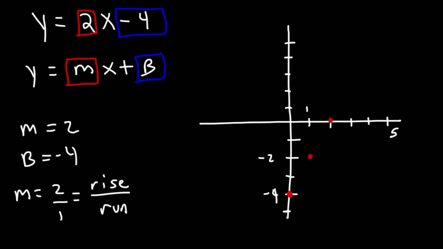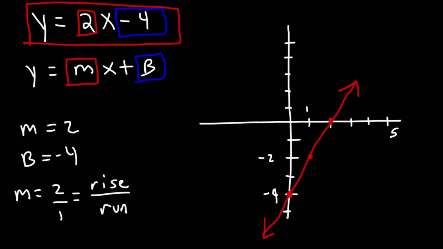Now all you need is 2 points in order to graph a line. We can add more points, but we can just connect these points with a straight line. That's how we can graph this equation in slope-intercept form.